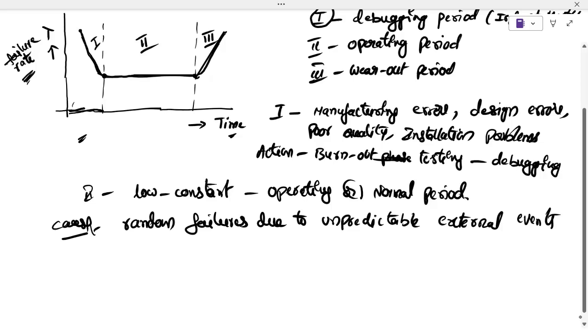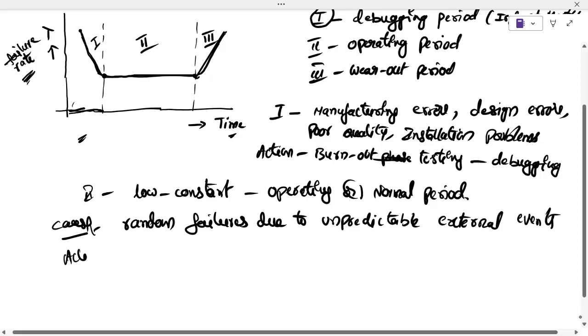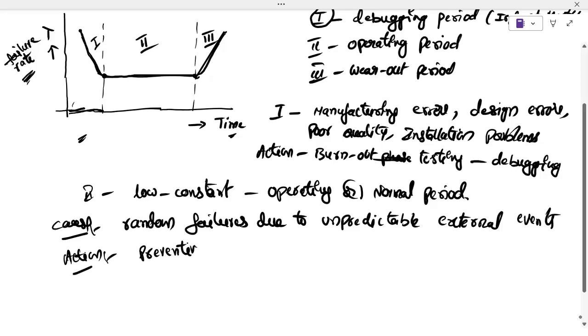To avoid even these low failures, what action can you take? Preventive maintenance can help to extend this period.